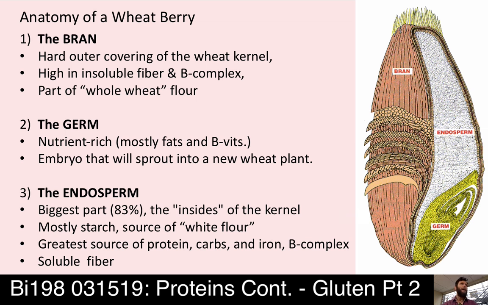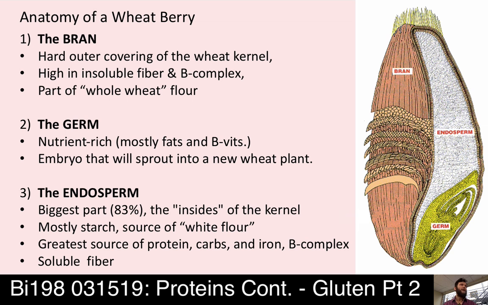It's high in insoluble fiber, which is so healthy for your gut, your GI tract, and in fact your immune system and so many other parts of your physiology. It's also high in B-complex vitamins. We'll talk about what the vitamins are at a later date, after spring break.